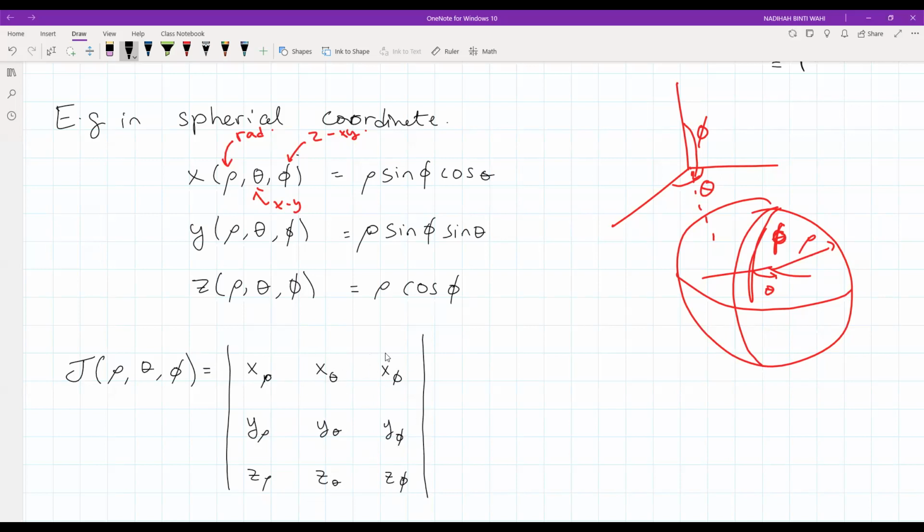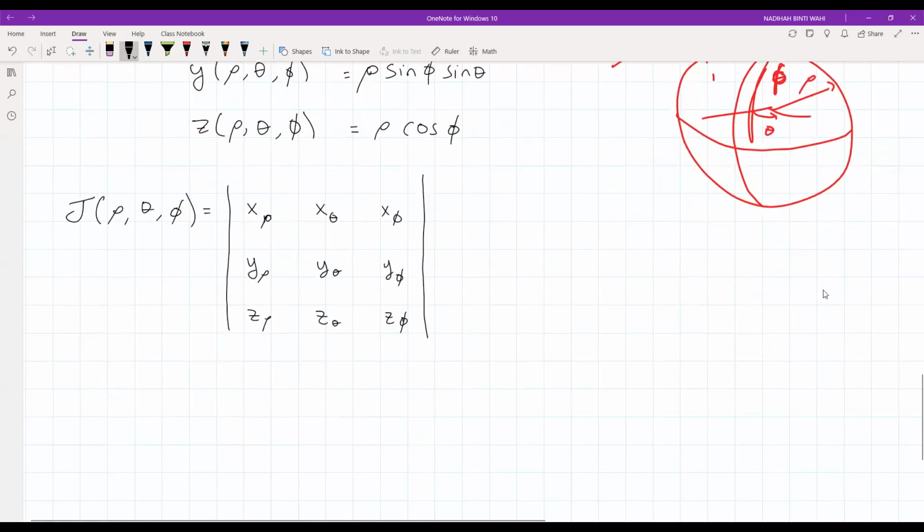Okay, I don't want to evaluate this because I think you already learned how to evaluate a 3x3 determinant. So if you do the math, the output will be rho squared sine of phi. Okay, so just take my word for it. You try on your own. So solve this, and then you get this equation.